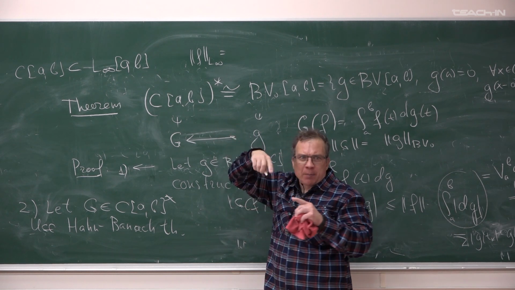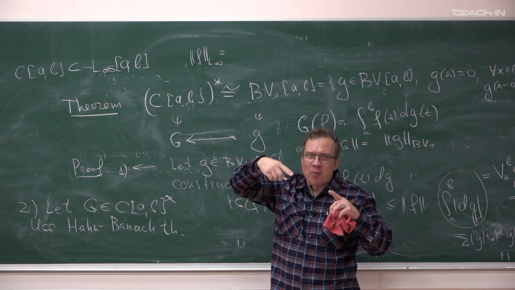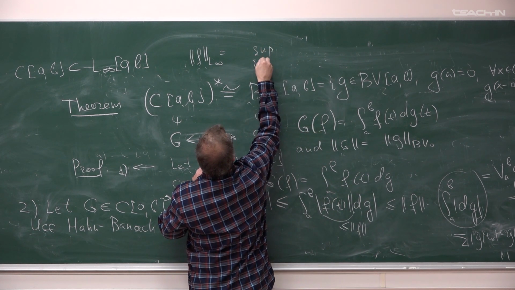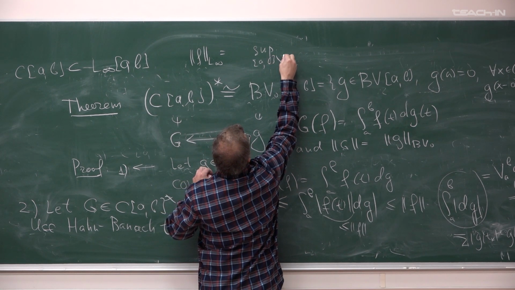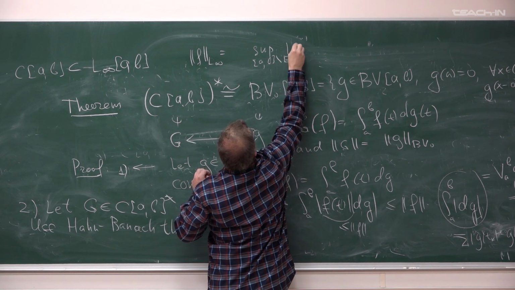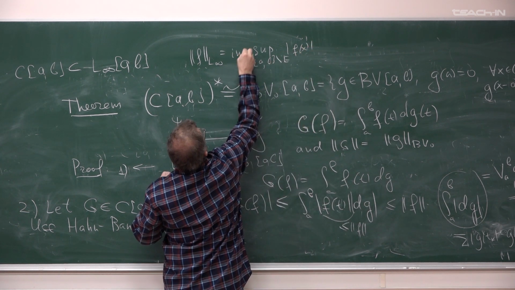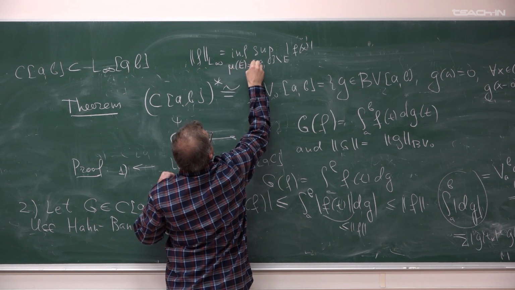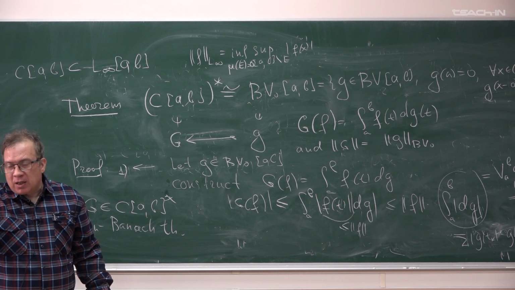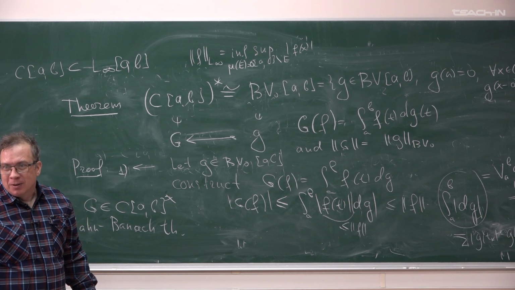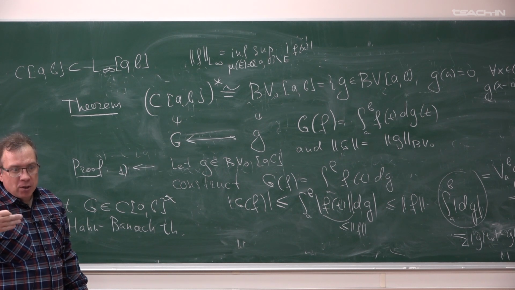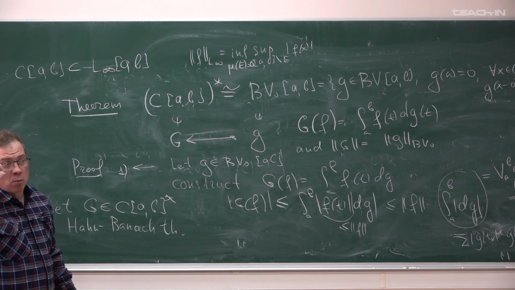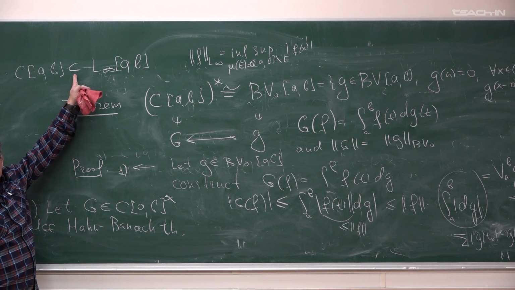It may be unbounded, but only on sets of measure 0. So you take the supremum not over the whole interval AB, but without a subset E, for example, and then you take the infimum over all measurable sets of measure equal to 0. But continuous functions are bounded functions. So the essential supremum for continuous functions is just the usual maximum. So this is an embedding preserving the norm.